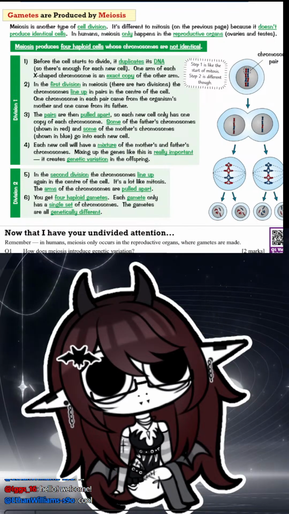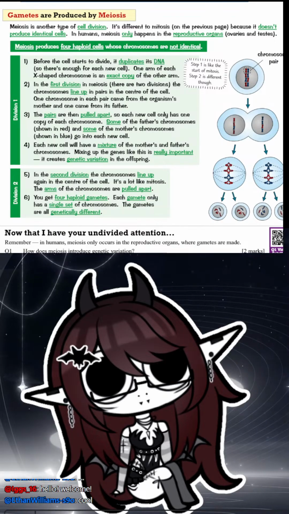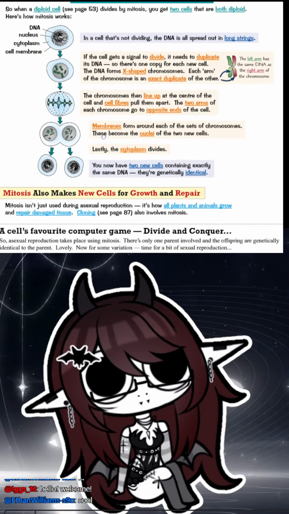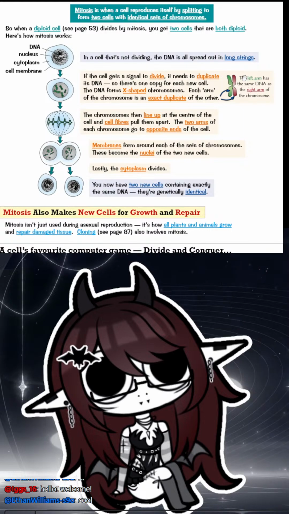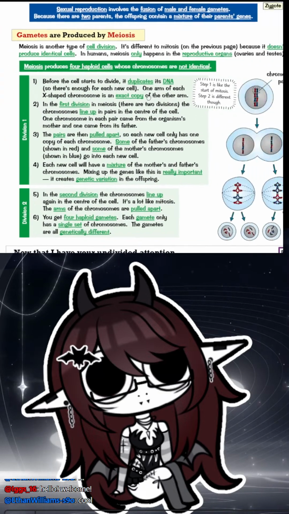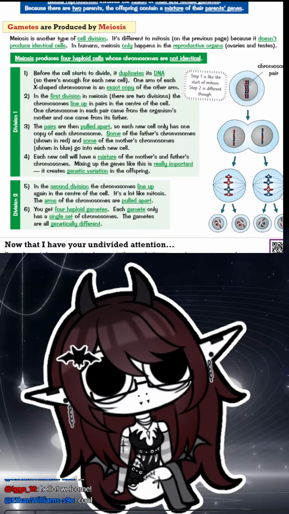Before the cell starts to divide, it duplicates its DNA so there's enough for each new cell. One arm of each X-shaped chromosome is an exact copy of the other arm. So this part here is exactly the same as this, and they're identical. But the next stage is where things get complicated.